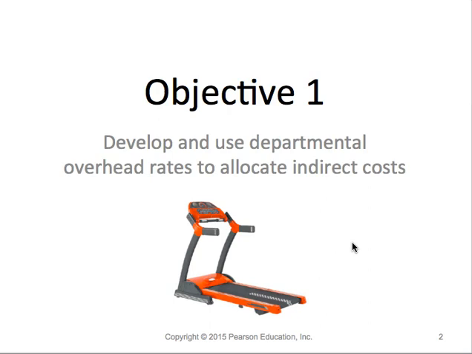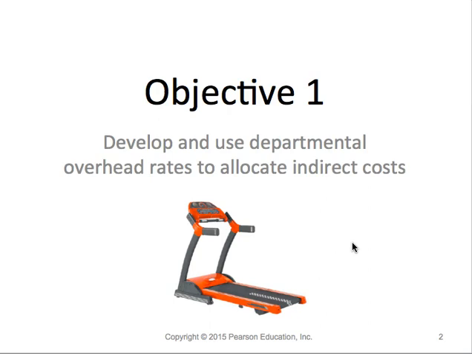Because we may have to look at individual products, individual items, and if we do not look at it that way, we may see some costs overestimated, or some costs underestimated. So we have several objectives in this chapter.